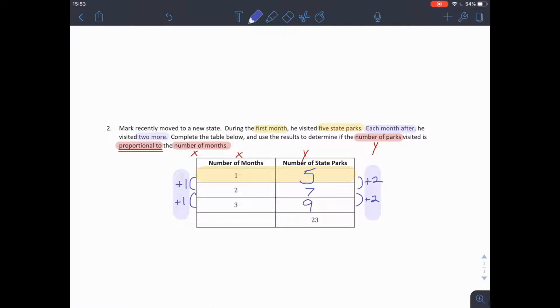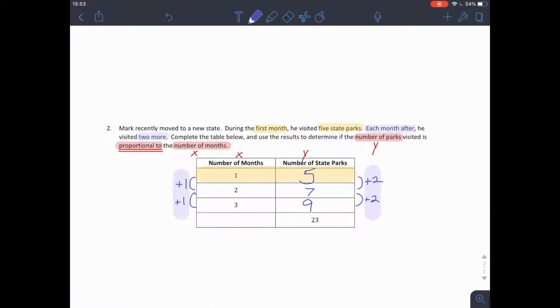After that, in order to go to my next number, I see that I'm missing the number of months, but the number of parks that comes after 9 is 23. I know I need to keep increasing my number of parks by 2 each time the months go up by 1. However, 23 is much more than 2 months past 9. So I have 2 strategies I can use to try to find the number of months that will go with 23 state parks.